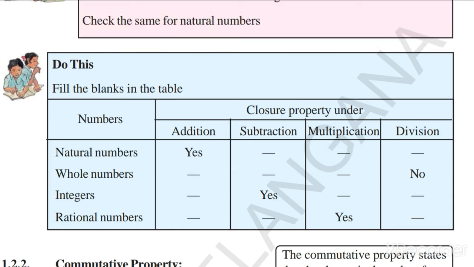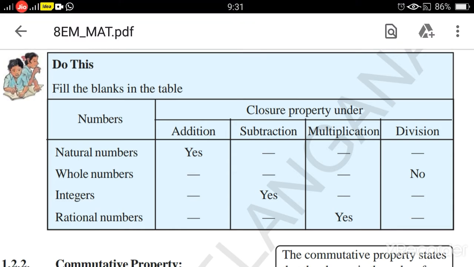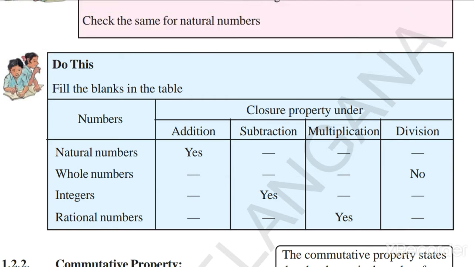For natural numbers, addition yes, subtraction no. Why? Because 3 minus 4 is minus 1, and minus 1 does not belong to natural numbers, so it is not closed under subtraction.